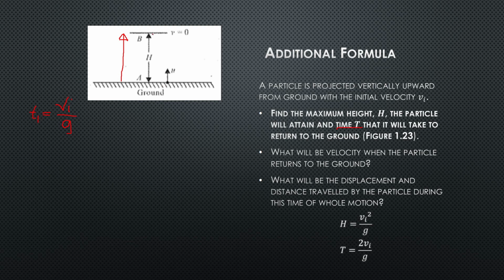And let us consider now motion from point B to A. So from point B going to A, this will be the time of descent. The velocity at the top is 0, so this becomes the initial velocity of descent until it reaches its final velocity. So this is also an initial velocity now when it goes down.